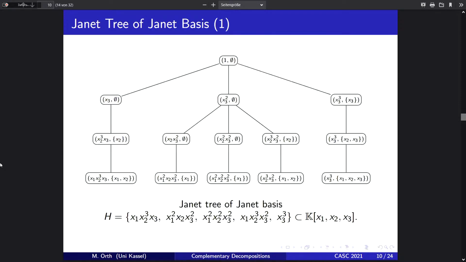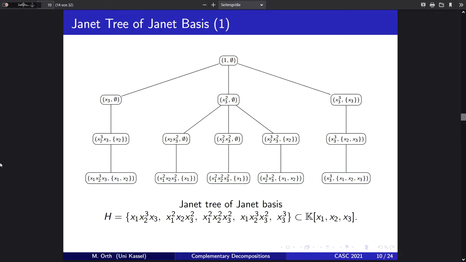On the next slide, we have completed the set to a Janet basis, and written it as its Janet tree. Here, two new terms had to be added. They both have x_3 degree 2, so the second branch is split into three sub-branches.